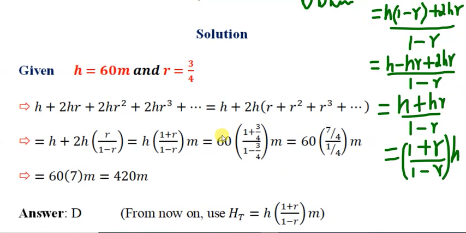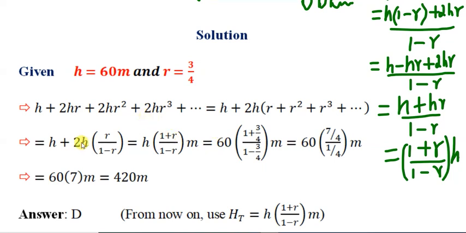Our h is given. It is set as 60. Therefore 1 plus 3 over 4. Now here 1 plus r means 1 plus 3 over 4, over 1 minus r means 1 minus 3 over 4, where our r is 3 over 4, times h.